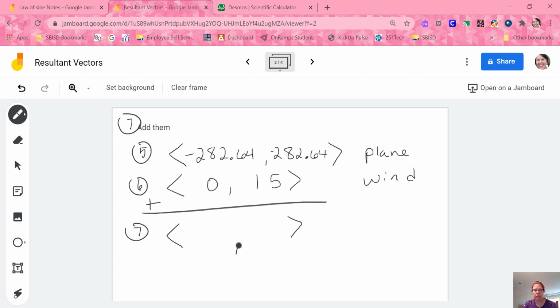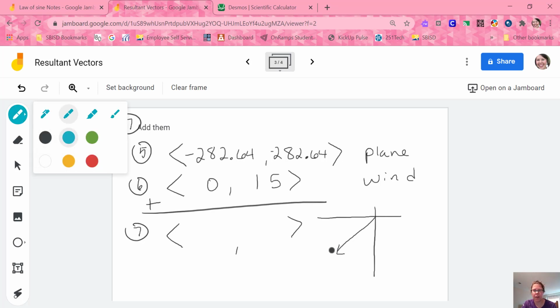What I want you to think about here is your drawing. On our first one, that was for number 5, we drew our drawing. But then from the end point, I'm going north with my wind. So here's my plane, and then here's my wind. My resultant vector, my answer, starts at the beginning and goes here.